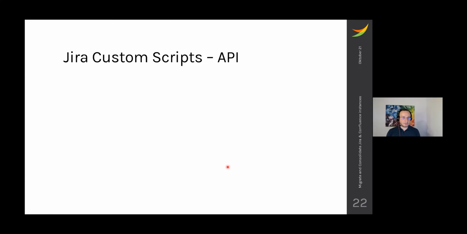Okay, so if all the solutions you saw until now were not enough, you start thinking. Or maybe you can get 99% of what is required from configuration manager, but you still need something more. And therefore you need to do some development. You need to create some custom scripts.